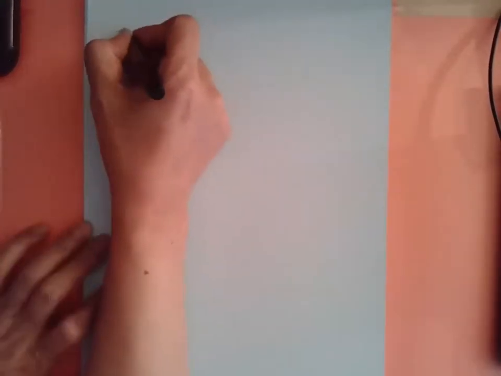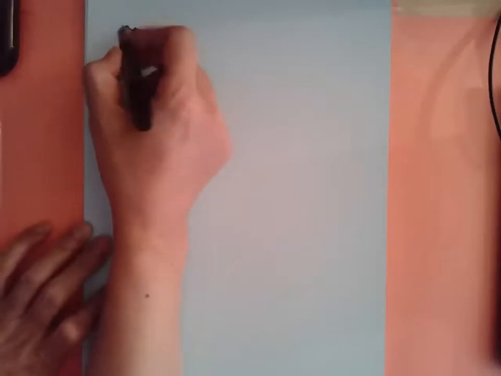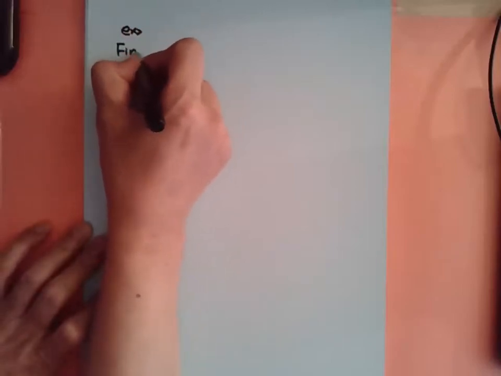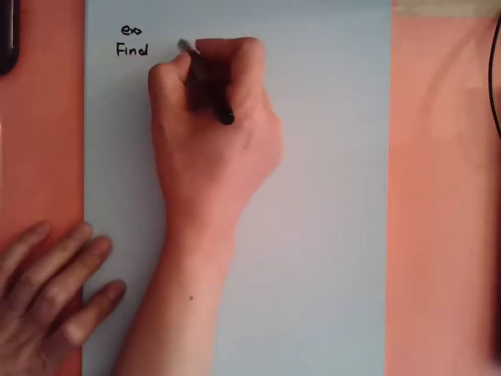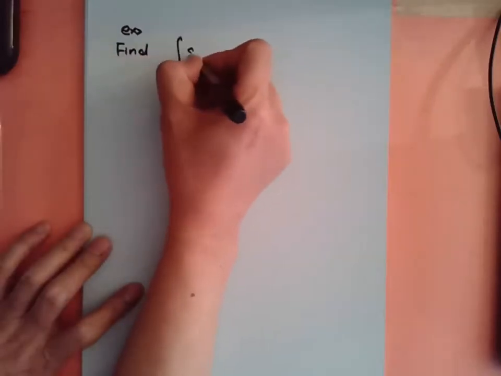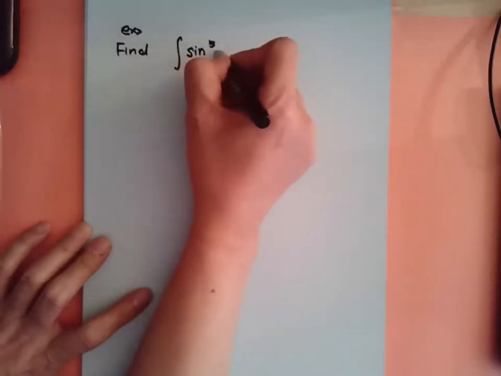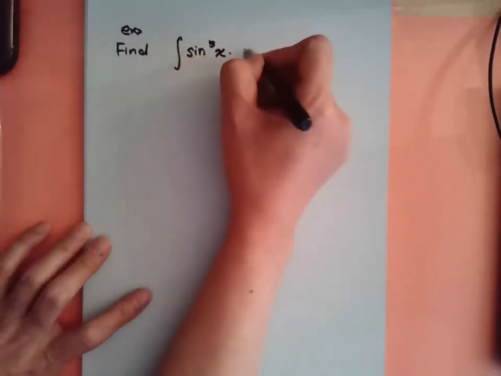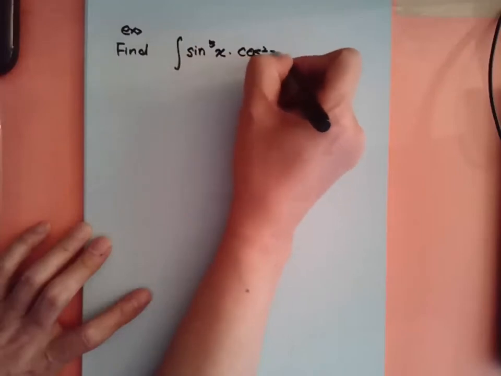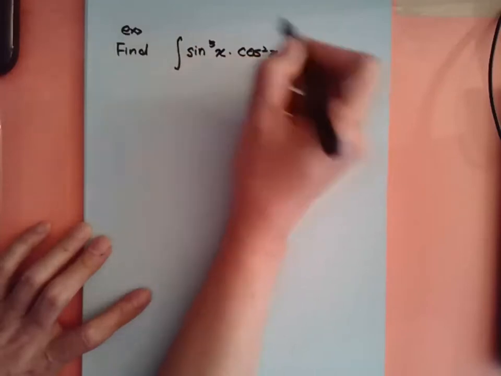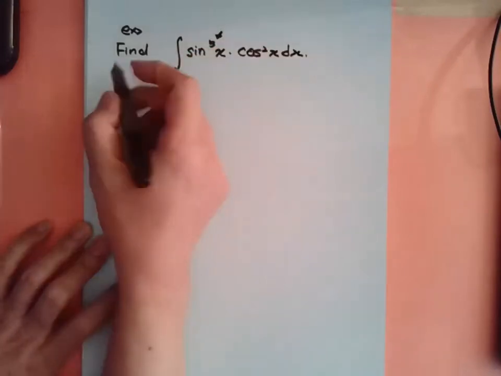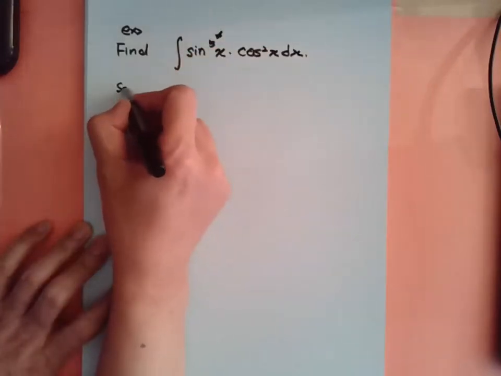The next pattern of question uses a similar technique, actually the same technique: the integral of sine to the 5th power of x times cosine squared of x dx. You see that sine has odd degree power.